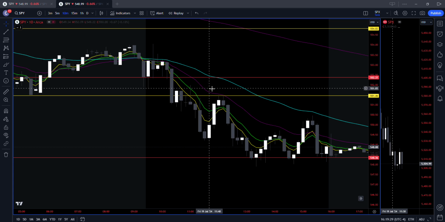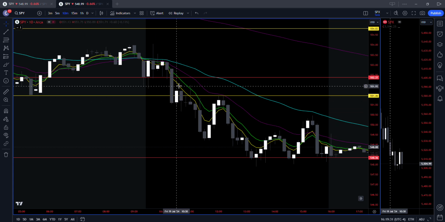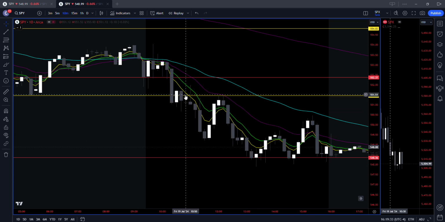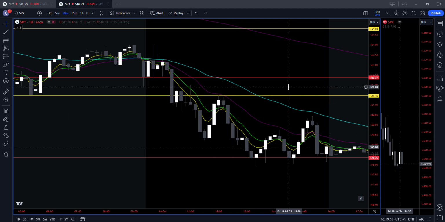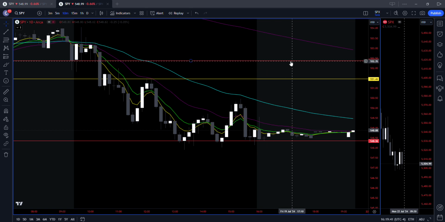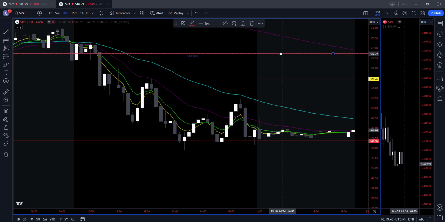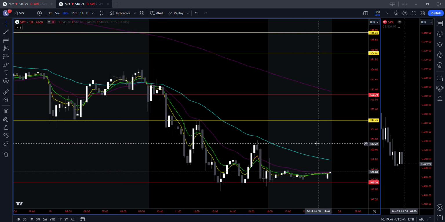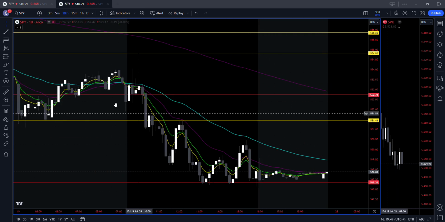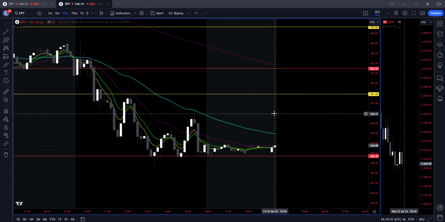Over here it would have helped knowing that momentum is still holding and the trend is still holding, and it goes up, and you can see it's rejecting the 20 as well, and the 50 as well, and the context is still there. So you can use that as context to know what's going on.